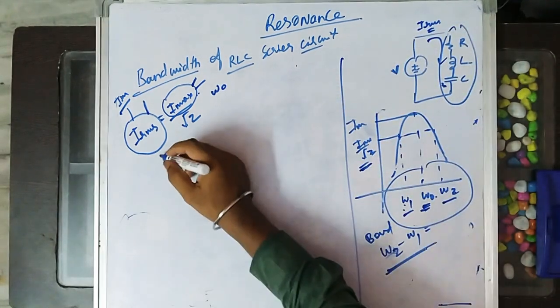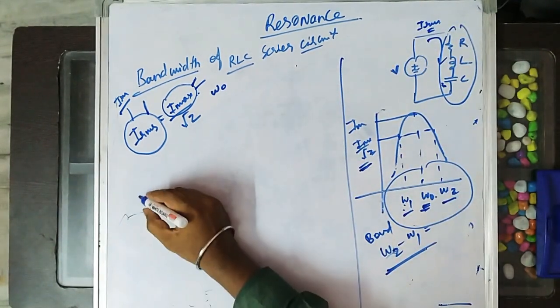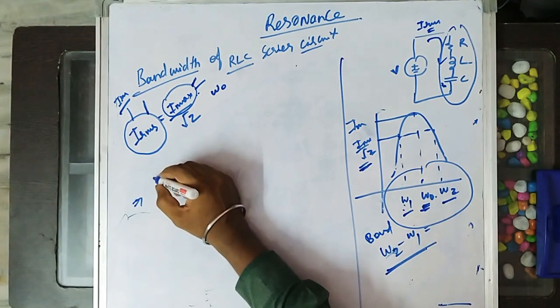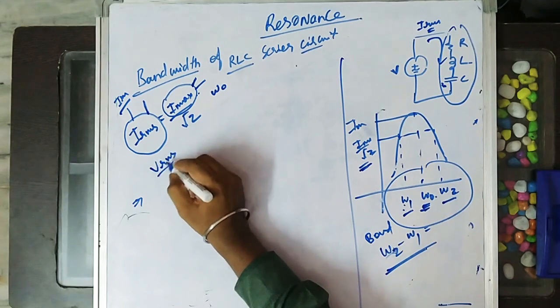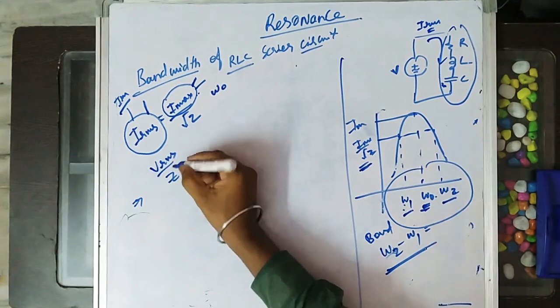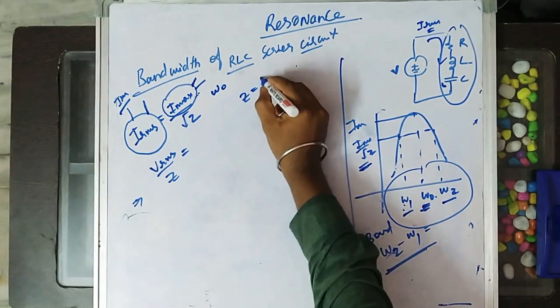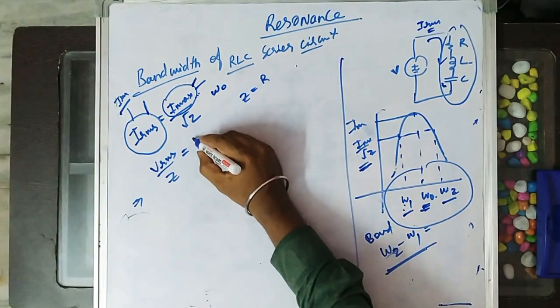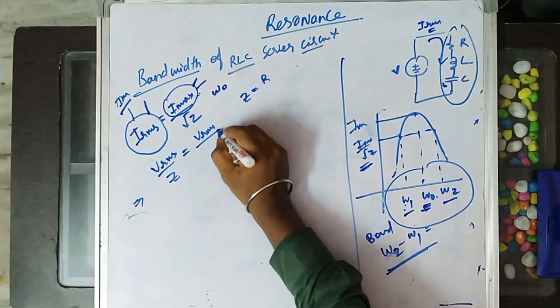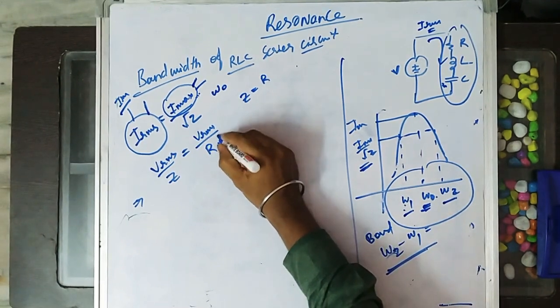We have the IRMS value in the form of Ohm's law, VRMS by Z. At resonance, Z equals R. So you have VRMS by R into root 2.